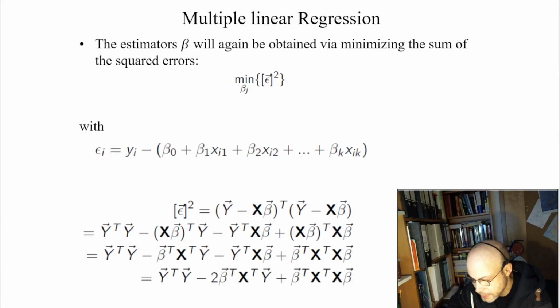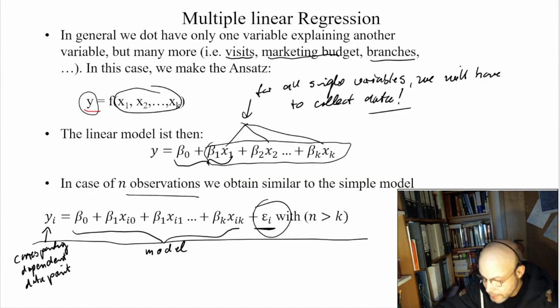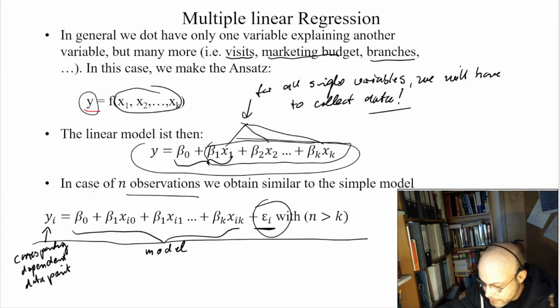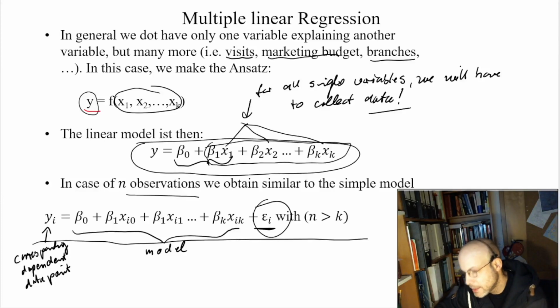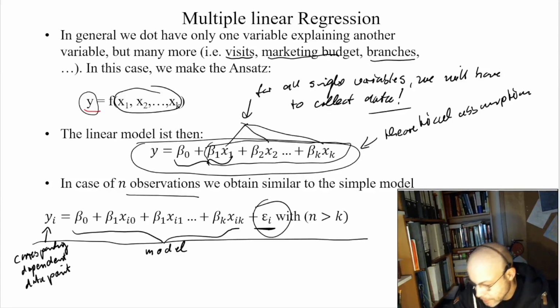This is our theoretical assumption about some specific values of our beta parameters.